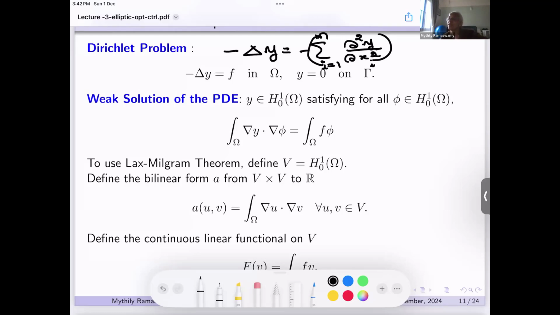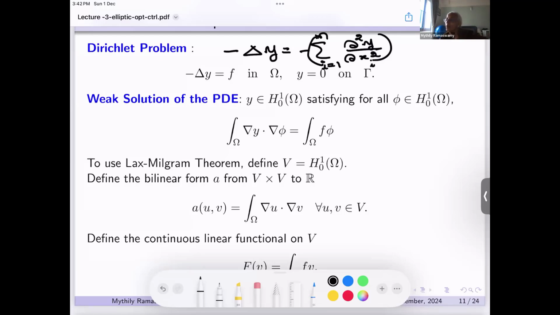H1 means the function is in L2 and its weak derivative is also in L2. So this is the analog of C1 functions, but in the L2 setup. These are all Hilbert spaces. This is the suitable Sobolev space in which we can pose the problem and get the weak solutions.